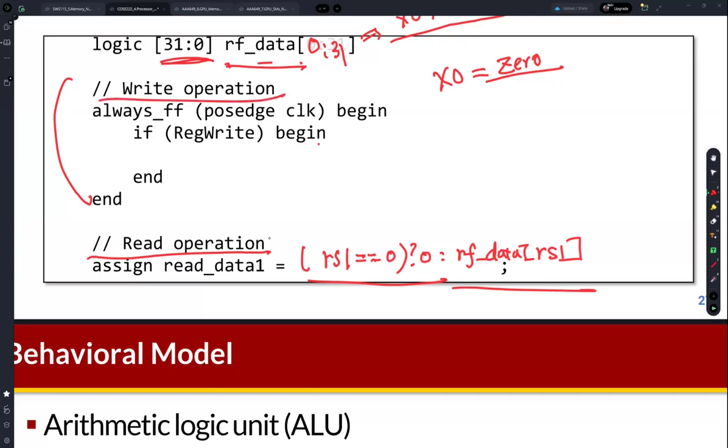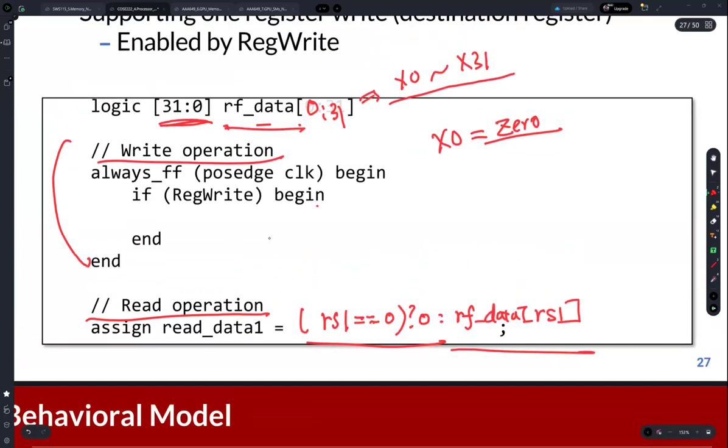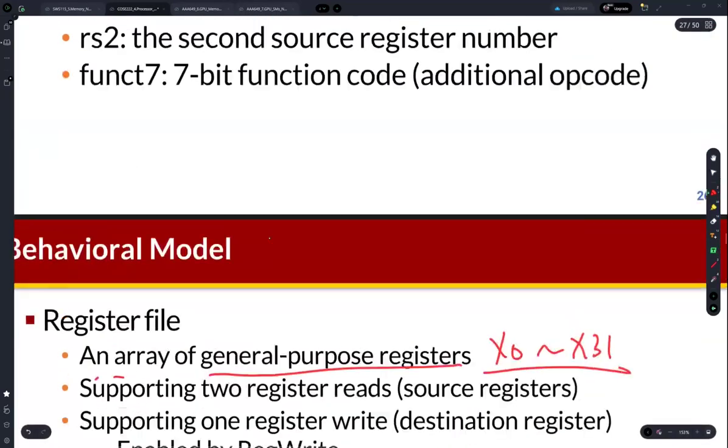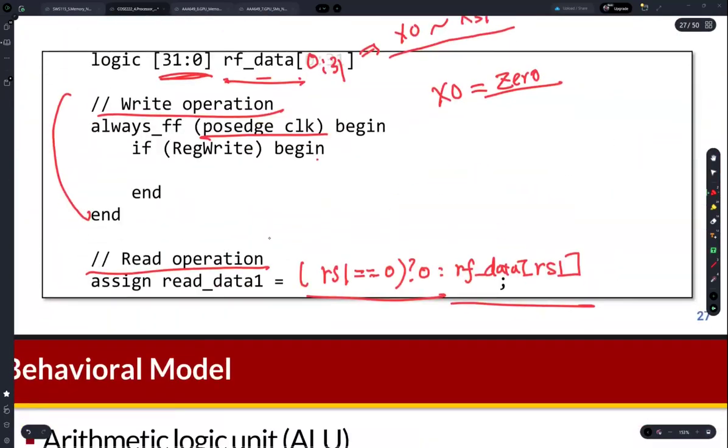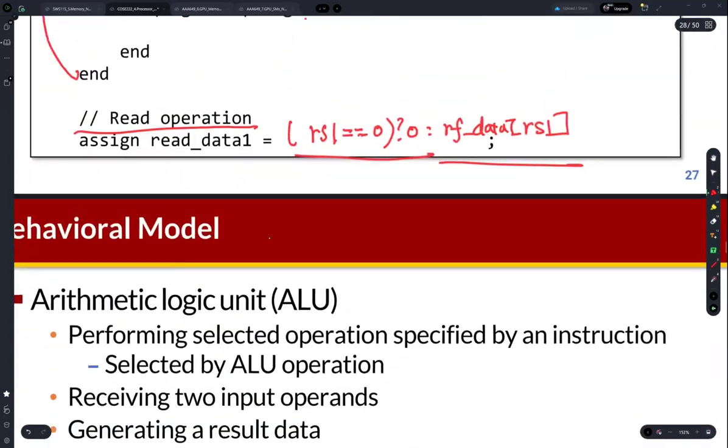And then the write operation. So how can we define the write operation? You can find the positive edge of the clock here. So the register is actually updated on the rising edge of the clock. Even though this component does not include the clock port, the clock signal is actually required.